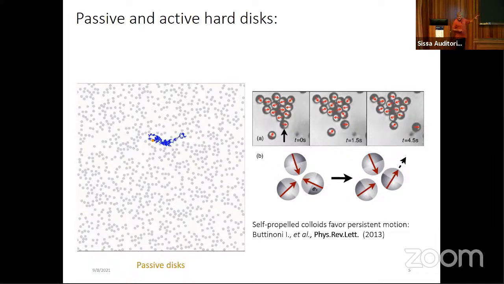These are colloids with half of the colloid coated by carbon, and then when there is a laser light acting on the colloid, there is some heat that produces some flow around the disk, that pushes the disk along each red arrow. So I will come later to the full meaning of this picture.